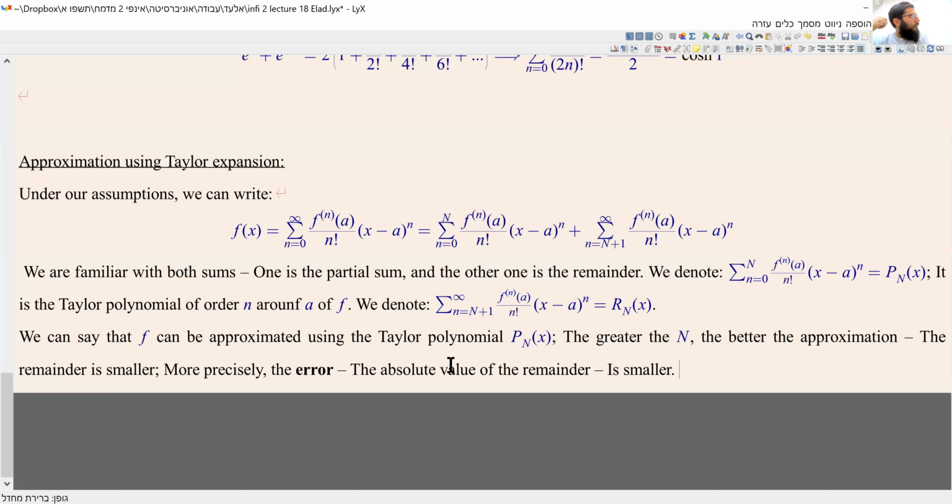We need to know how to answer the following question. On one hand, given some n, you're sitting at a desk, your boss comes, we can calculate only 20 steps. How good or bad is the approximation? Tell me what the remainder is, or at least give an approximation of the remainder. And on the other hand, your boss can come and say, we're building a bridge.